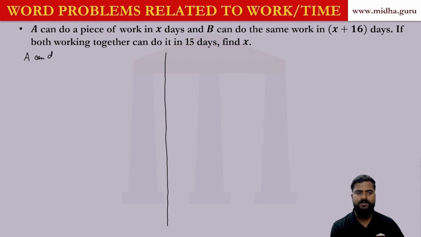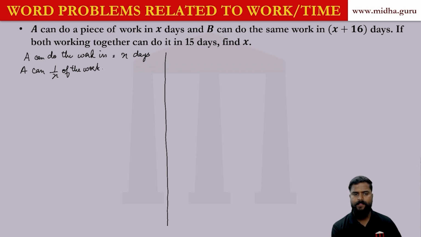So A can do the work in x days. So let us treat the work as one unit. If we divide both sides by x, we get 1 by x of the work in x by x, which will be 1 day. Similarly, B can do the work in x plus 16 days.